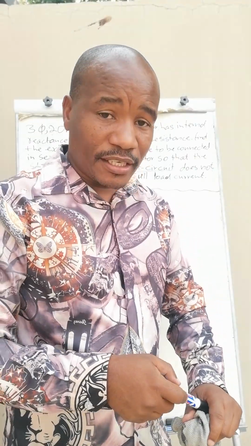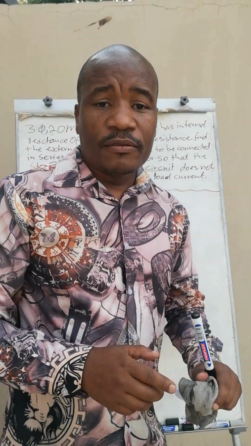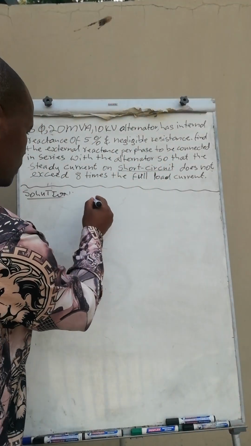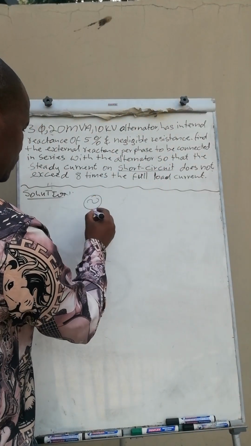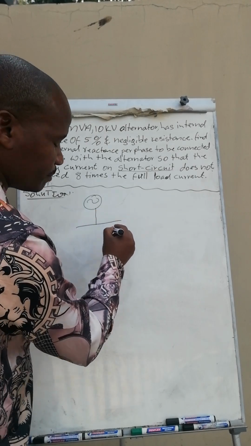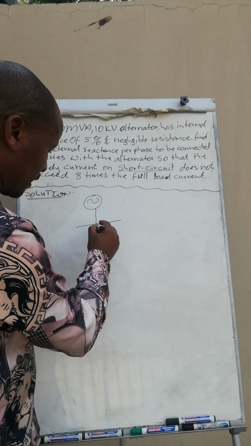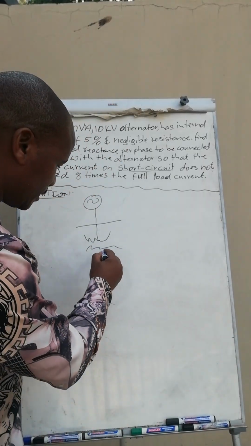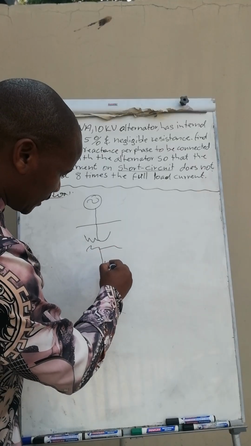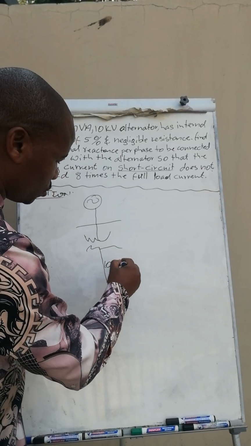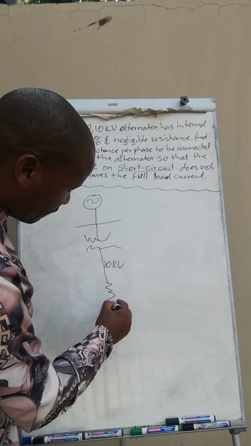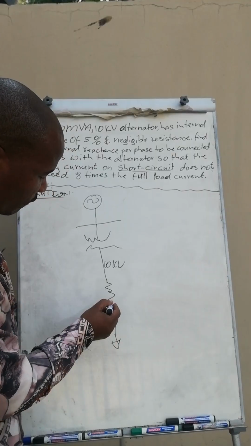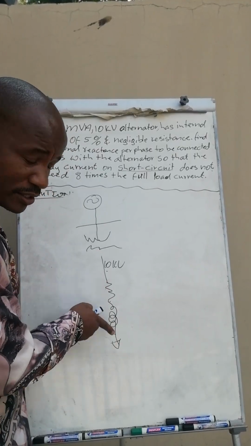What I want to mention here before I continue, the modern power system equipment. Let's say for instance this is an alternator, and normally the alternator supplies the bus bar. A transformer may be connected to it, and then that line is going to have a certain rated voltage, let's say 10 kilovolts, and other elements such as the resistance and the reactance, up to a certain point of fault. It depends where the fault occurs on this line.